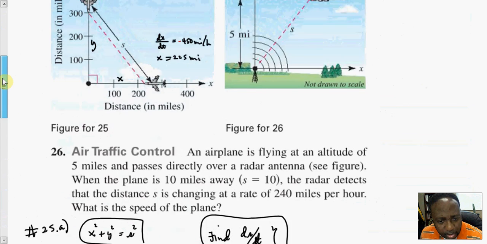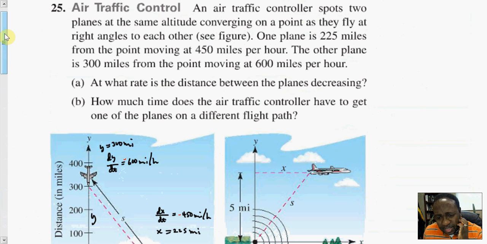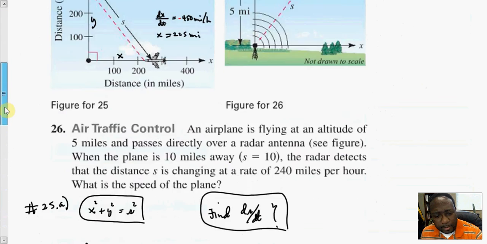So part B, it says, at how much time does the air traffic controller have to get one of the planes on a different flight path?